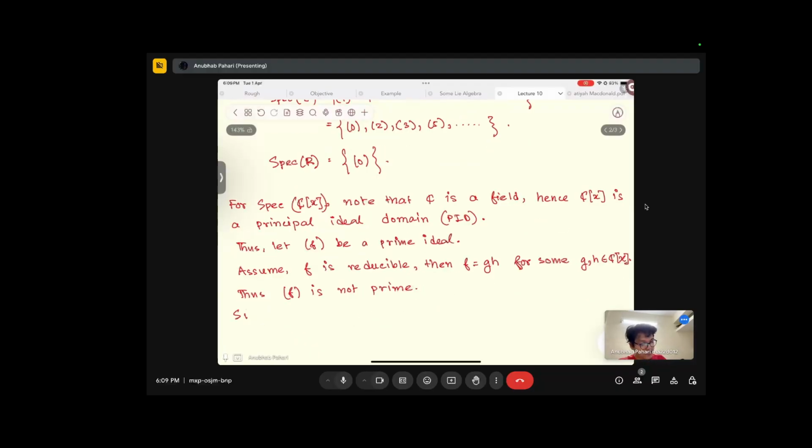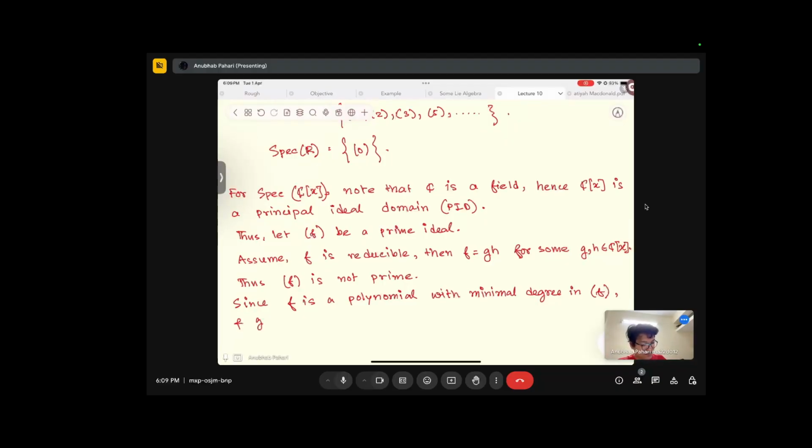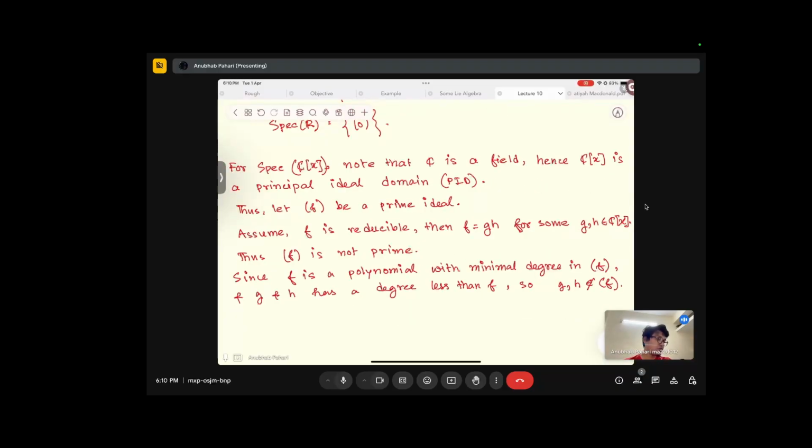I mean, since f is a polynomial with minimal degree in the ideal, and g and h have degree less than f, both g and h do not belong to the ideal, yet f belongs to the ideal generated by f, so it is clear that f is not prime.